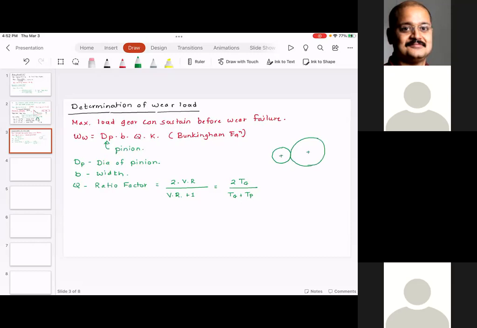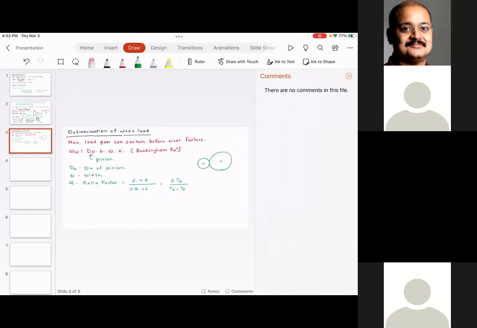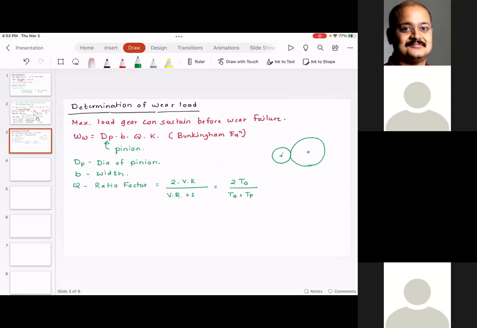Now, when you talk about driving gear and driven gear, pinion could be the driving gear or the gear could be the driving gear. What I mean by that, if you have a motor that is attached to the pinion, so this is the motor. So motor is going to drive the pinion and the pinion is going to drive the gear.